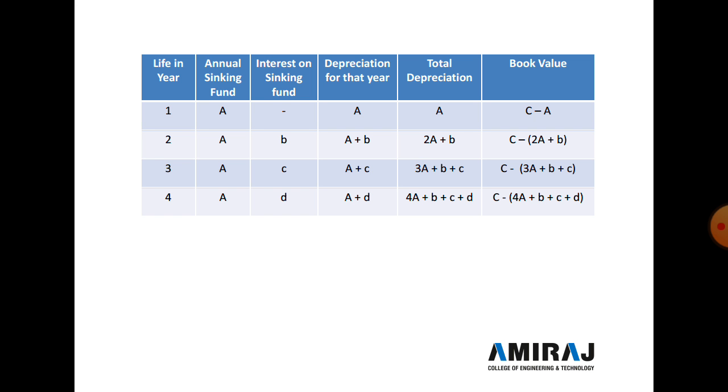Now book value is the original cost C minus depreciation, so C minus A, then in the second year C minus (2A plus b), in the third year C minus (3A plus b plus c), and in the fourth year C minus (4A plus b plus c plus d).